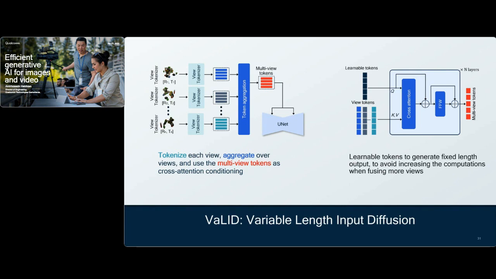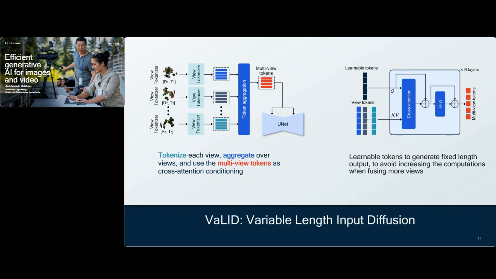Because of the way the embeddings and cross attention work, you can just concatenate more and more inputs and attend to everything. You don't need to retrain it. More importantly, the aggregated tokens will always have the same size, regardless of the number of inputs. What defines these multi-view tokens, the red ones here, is the dimensionality of the learnable tokens, which you decide a priori, rather than how many views you have.